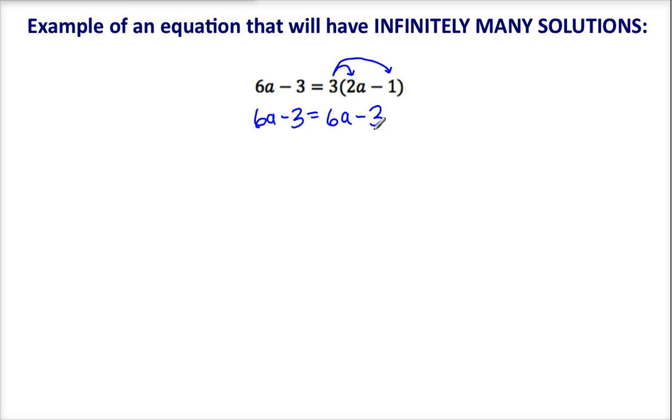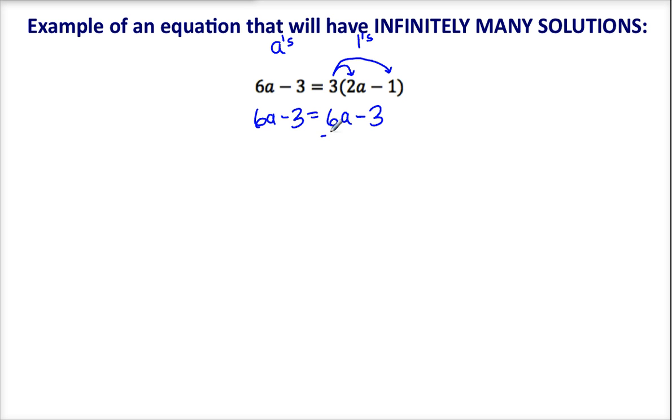Now, it might look kind of interesting to you so far, but let's keep solving so you can see what it looks like. Let's get all of our variables on this side. Our variable is a this time, so we want all of the a's on this side, and all of the constants on the other side. So this 6a is not in the right place. It needs to go away.